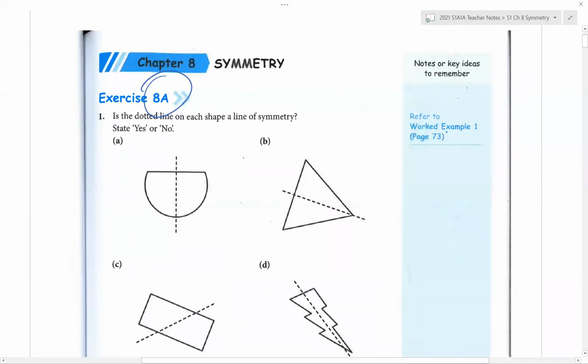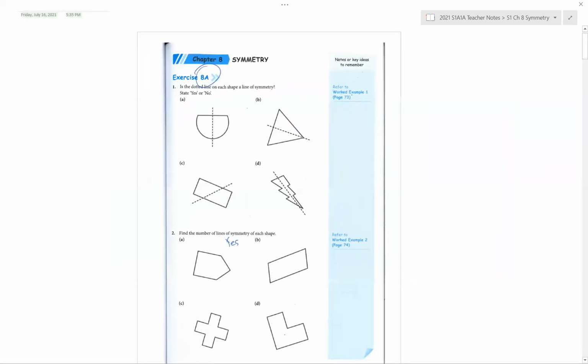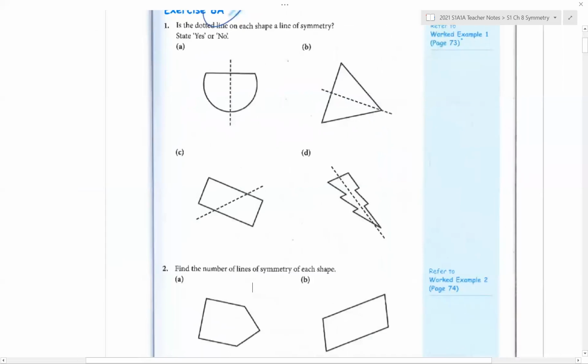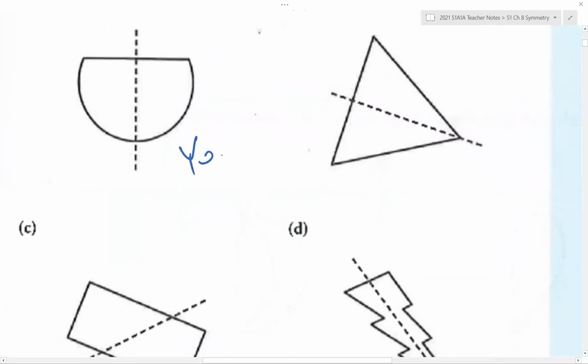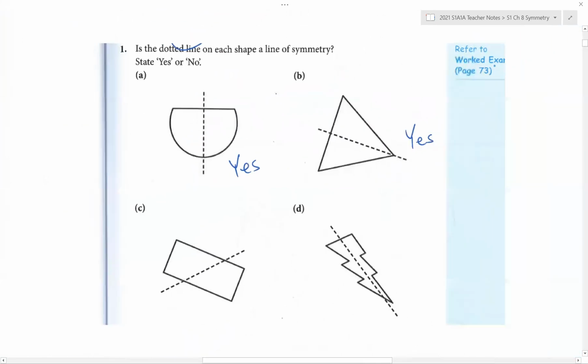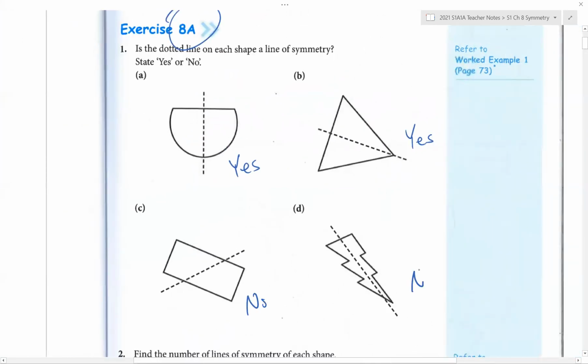Okay, let's start with the first one. 1A. Is the dotted line a line of symmetry? State yes or no. So this answer, yes. This also yes. Part C, no.